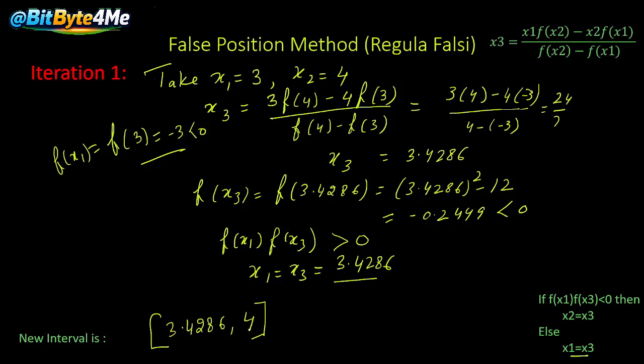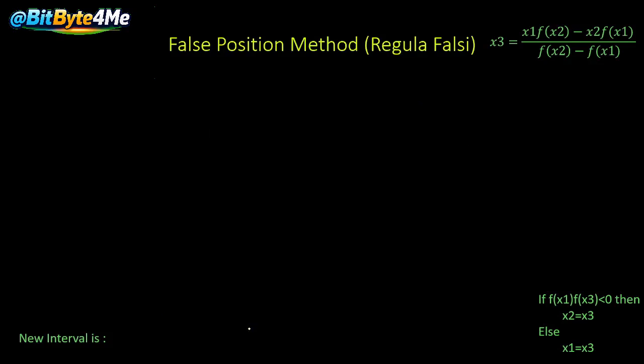So let's move to the next iteration, and in this iteration take x1 is equal to 3.4286 and x2 is equal to 4. That has not been changed.